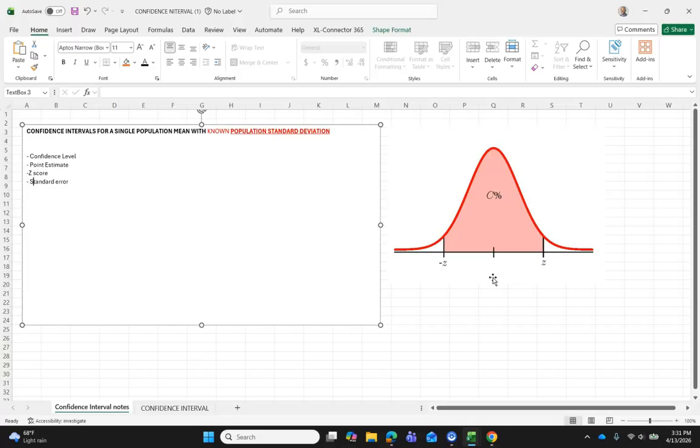But in my example, you saw that the average was not exactly the same as the average of the population. And I mentioned something about margins of error.